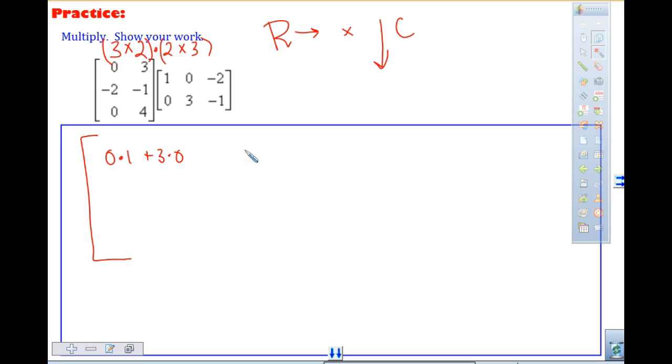And so if I'm looking at that same row, I got to see the chart. So I'm going to go first with 0 times what? Careful. Next one.